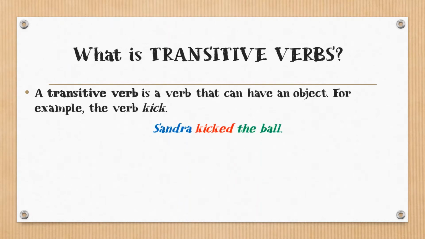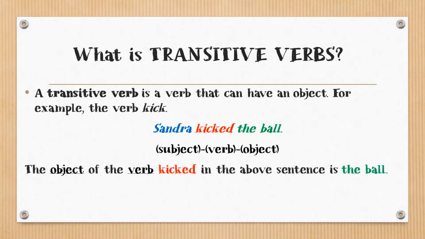Sandra is the subject, kick is the verb, and the ball is an object. So the object of the verb kick in the above sentence is the ball. Objek untuk perbuatan kick itu, kick apa, is the ball. Sebab tu kick apa? Kick the ball. Bila kita ada soalan apa, what, itu menandakan that the verb is transitive.